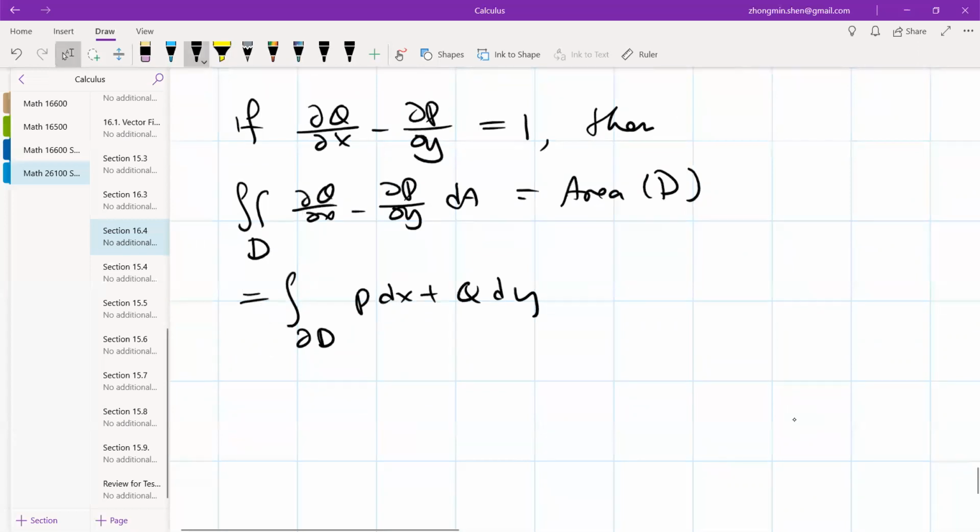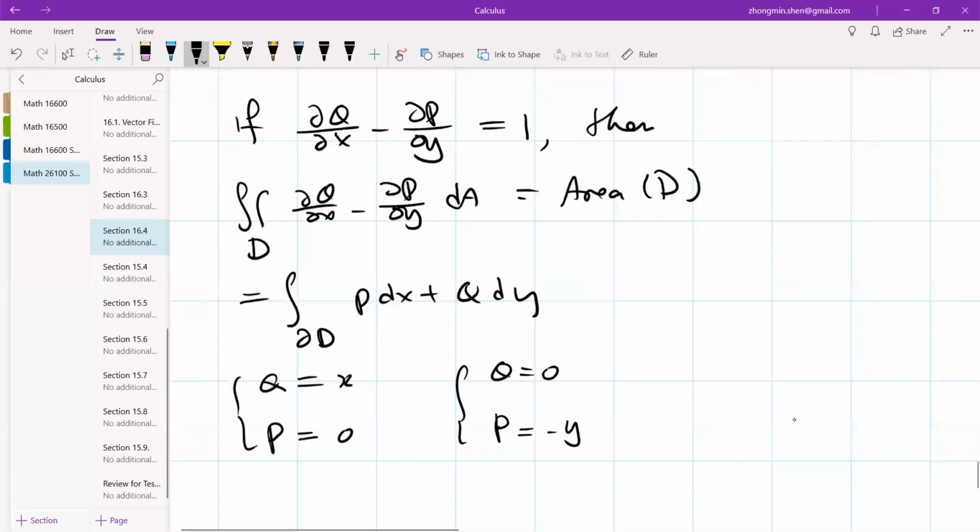For example, P is going to be 0, Q is going to be x. Or Q is 0, P is going to be -y.